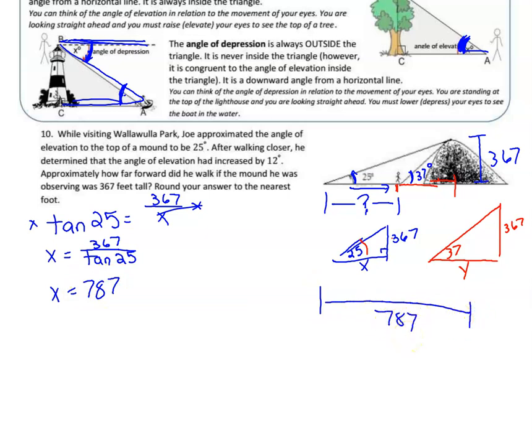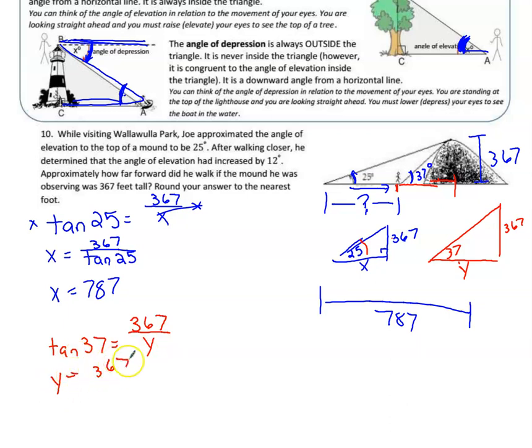Well, now we also have this great red triangle that we drew. So tangent of 37 is equal to opposite, which is 367 still, over adjacent, which is y. So if I solve for y, we're going to multiply by y and divide by tangent.